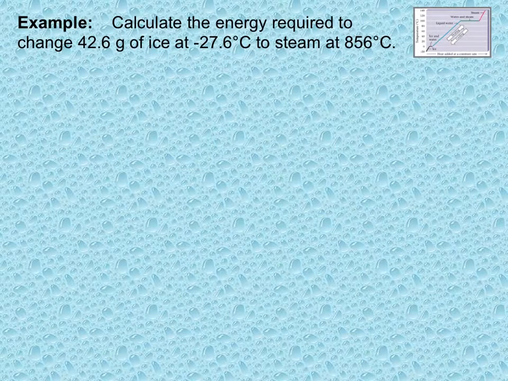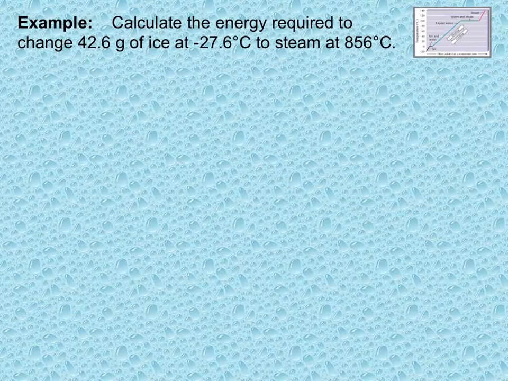So with this information, how to calculate heat when temperature is changing on the slopes, and how to calculate energy involved in heat of fusion and heat of vaporization, we can calculate the energy required to change exactly 42.6 grams of ice at negative 27.6 degrees Celsius to steam at 856 degrees Celsius.